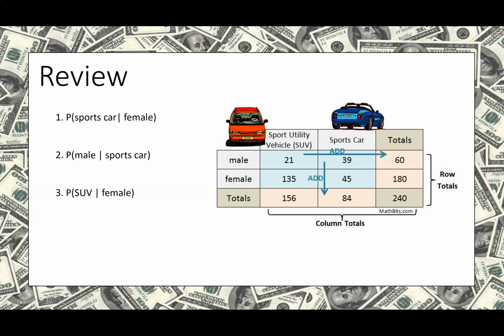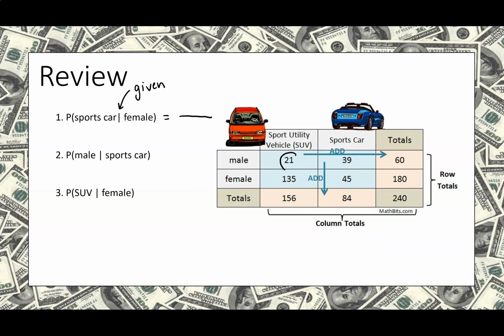All right, let's review some conditional probability here. Remember, this symbol right here means given. So what's the probability that you have a sports car given you're female? Remember, the numerator is that small circle. It's having a sports car and being female.